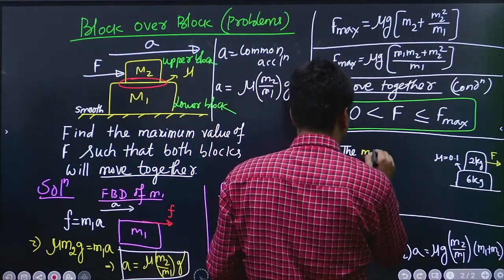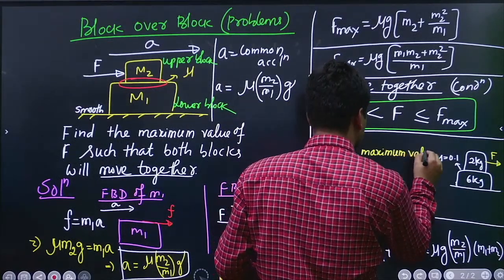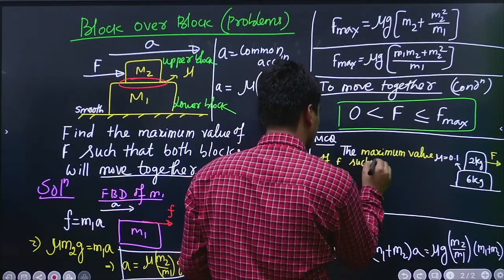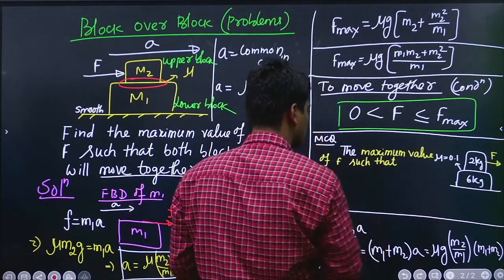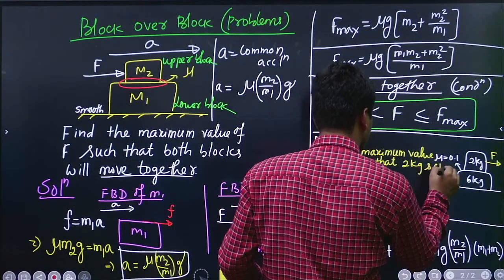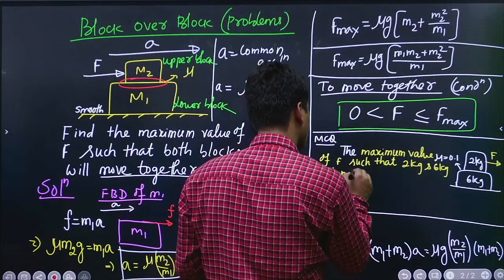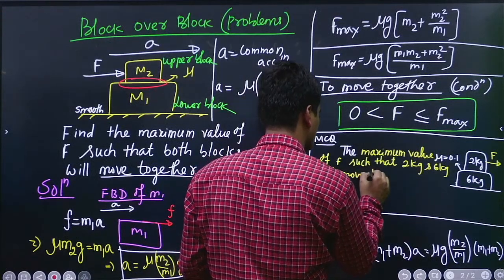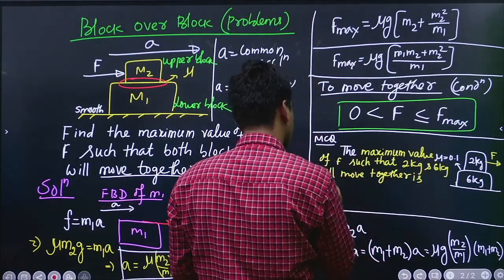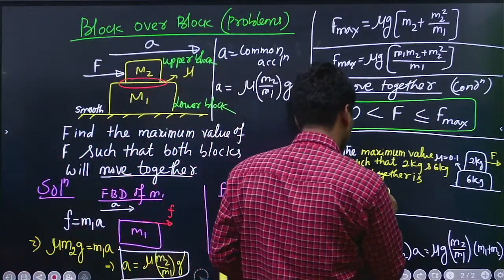Now find the maximum value of F such that the 2 kg and 6 kg will move together. That is option A. To calculate option A, B, C, D, I'll give. You try to find. The formula is already given.